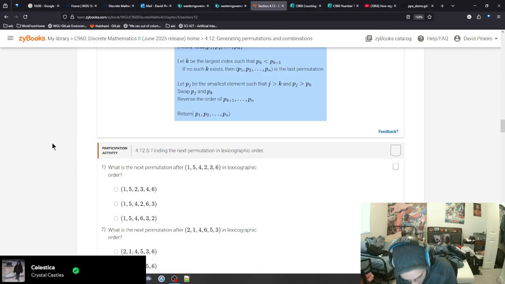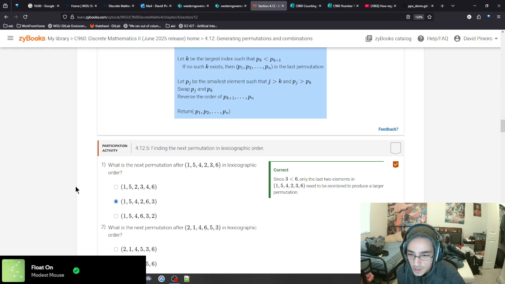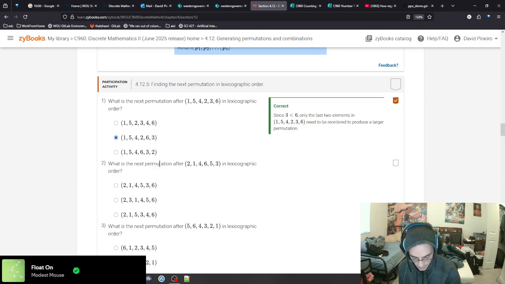But there's only 6, so that would be J. So then you swap them, so you would get 1, 5, 4, 2, 6, 3, and then you reverse the order of everything after, but there's only one element, so it doesn't matter. So it's 1, 5, 4, 2, 6, 3. Yes, sir.